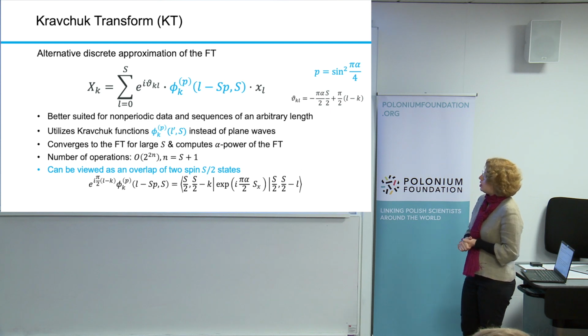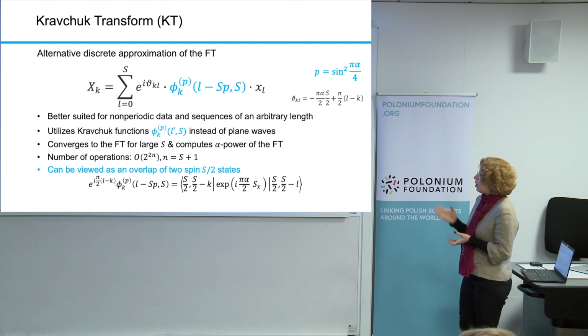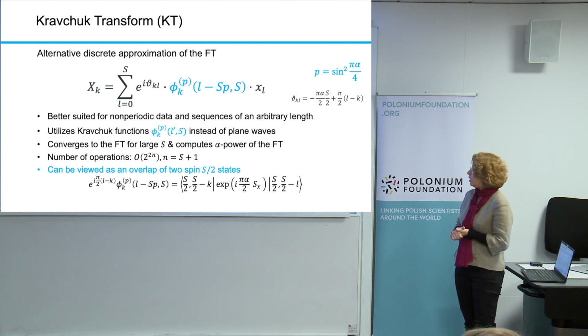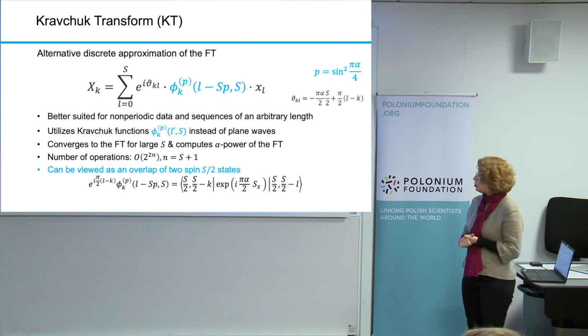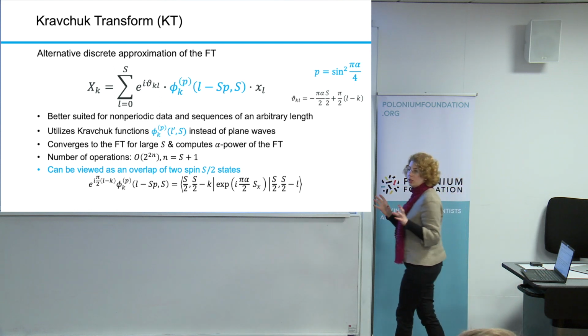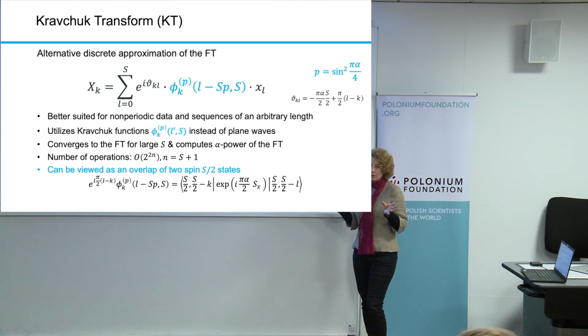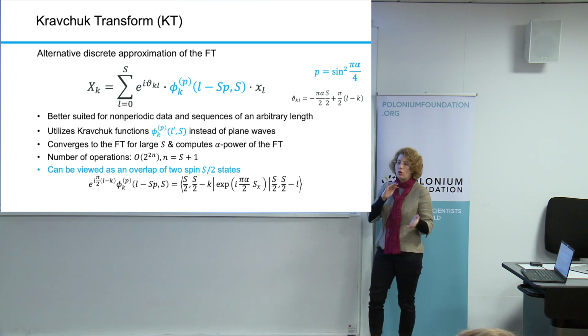Interestingly, this sum can be mapped onto an overlap of two spin S over 2 states. So actually, we can consider a spin system, a spin of large quantity, not just a qubit 1/2, but something larger, a qudit, so a spin with many, many levels.